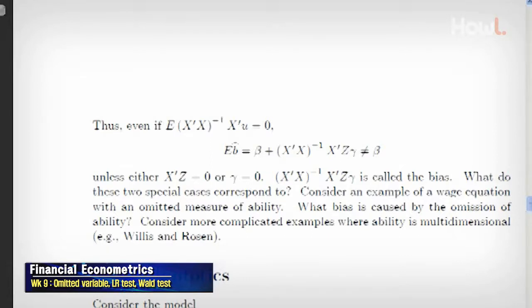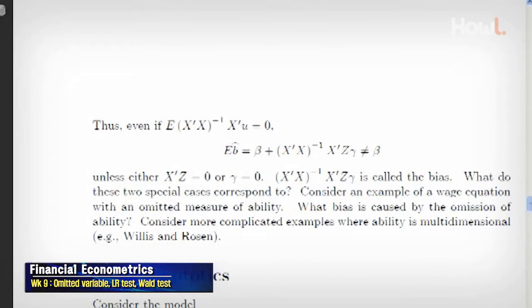Then clearly our estimated coefficient is greater than the true coefficient, which means we overestimate the impact of education. If this whole term is negative, then basically we are underestimating the impact of education, right?